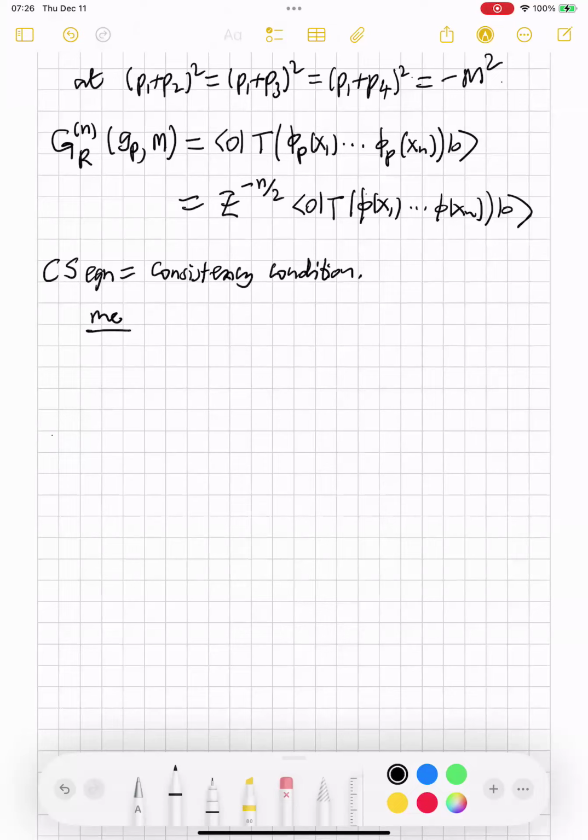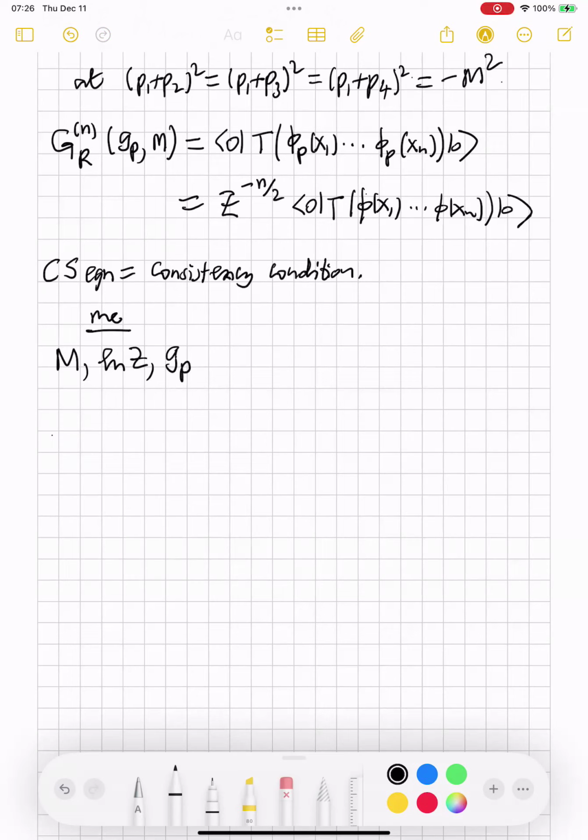I will choose to do things at a scale m. I will have a wave function normalization, I'll specify it by log Z. You'll see why it's more convenient to work with a log in a moment. And I will have a physical coupling.